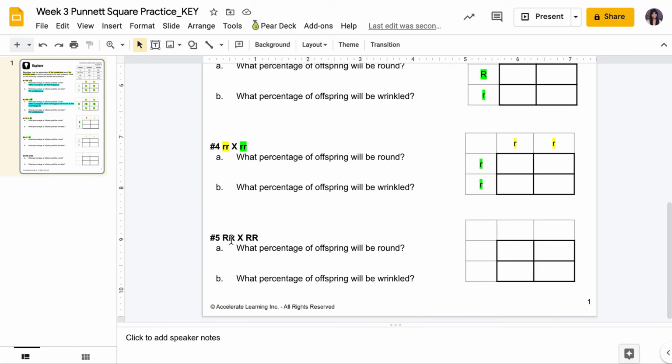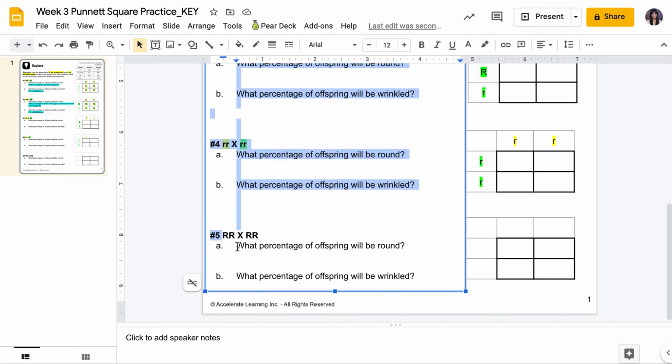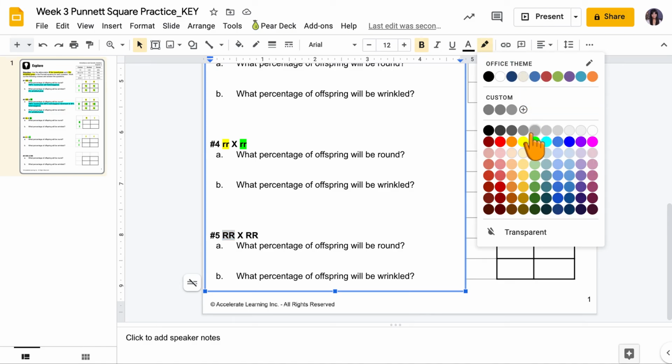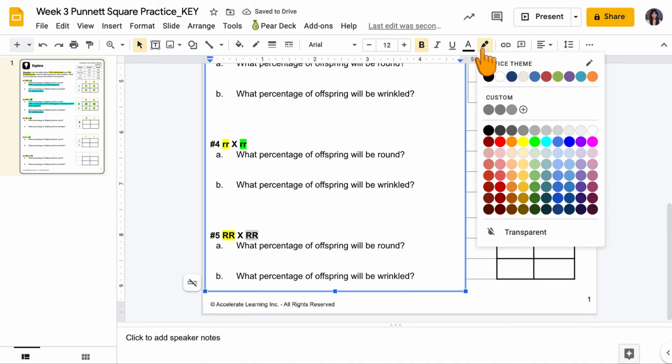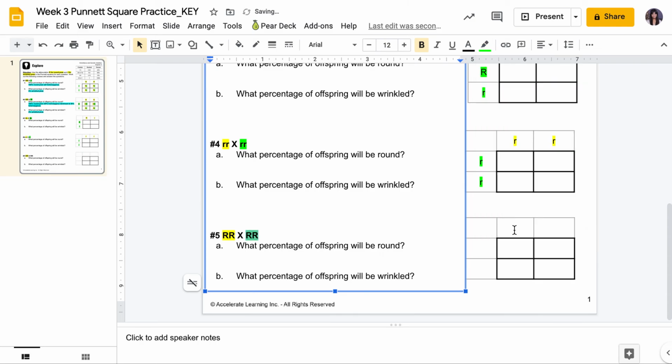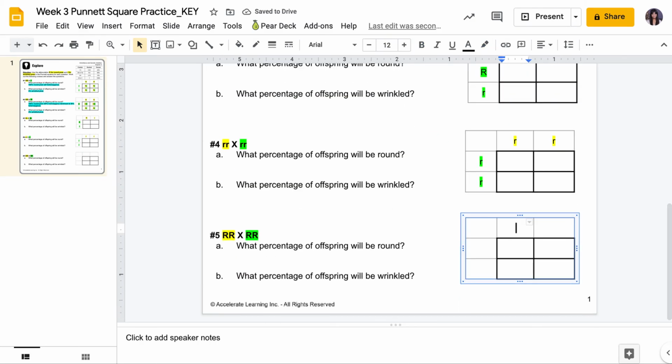Last but not least, I have homozygous dominant for parents 1 and 2. So right here, for parent 1, you get 1 allele on the left and 1 on the right.